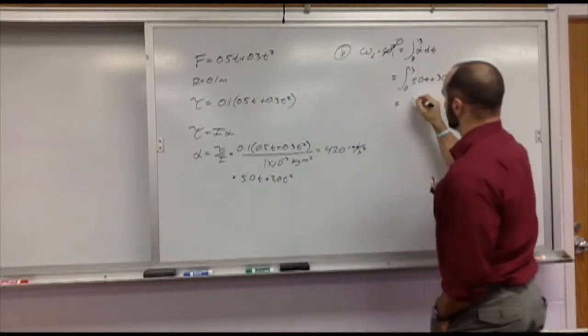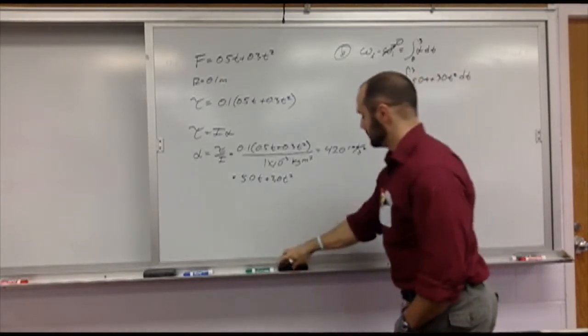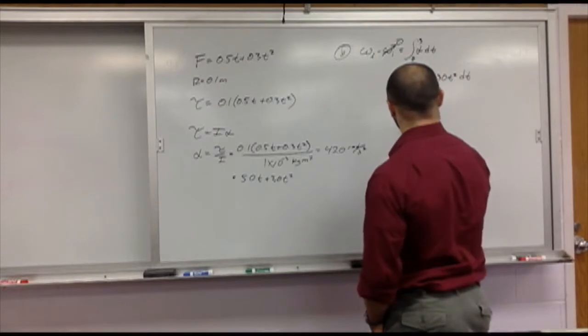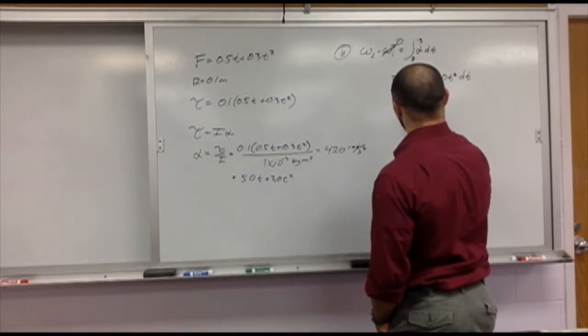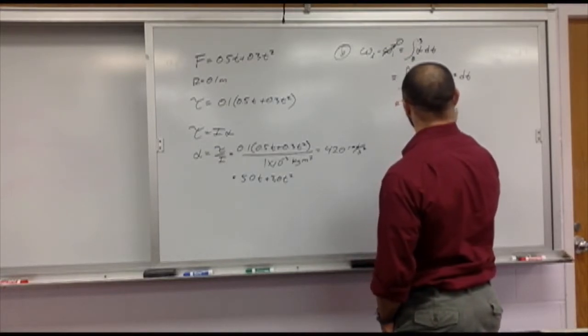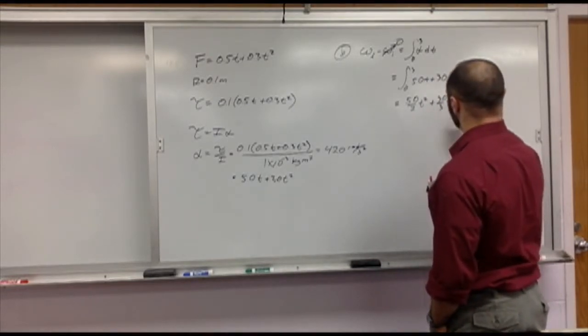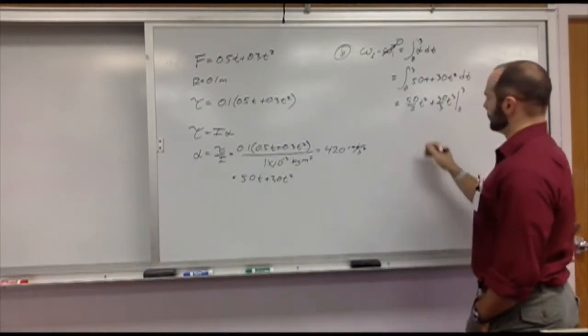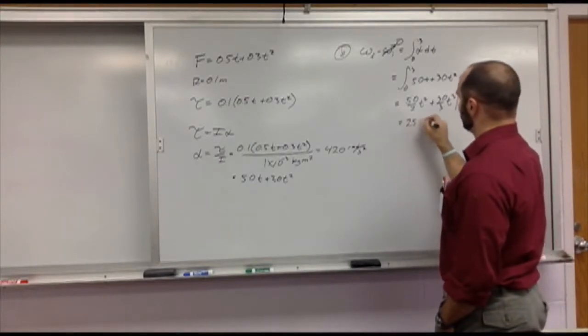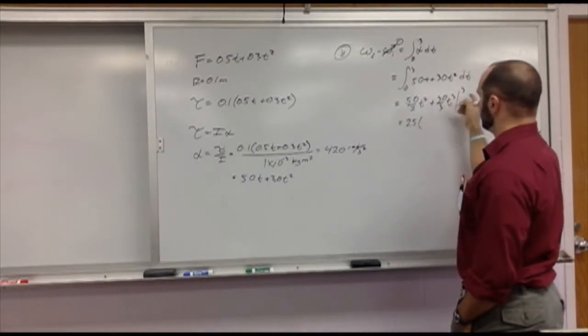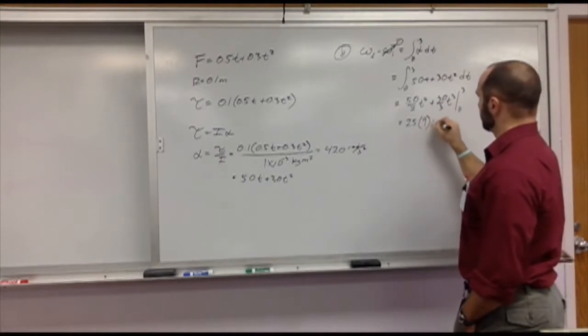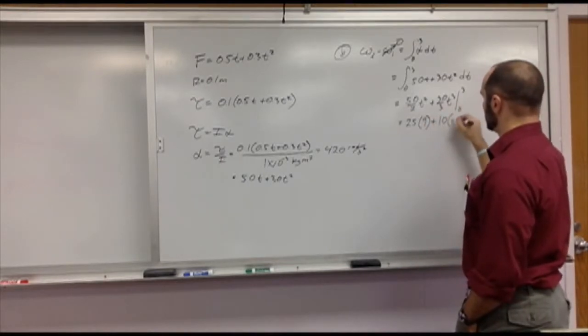And so I get 50 over 2 t squared plus 30 over 3 t cubed, from, again, 0 to 3. So this is 25 times, I plug 3 into this, I get 9, plus this is 10 times 27.